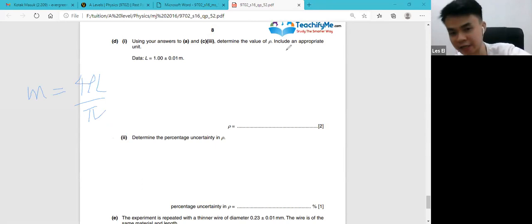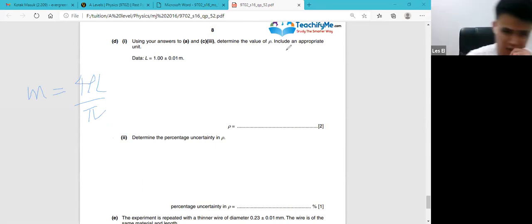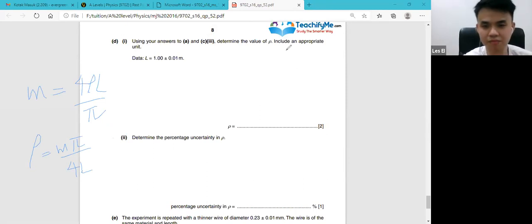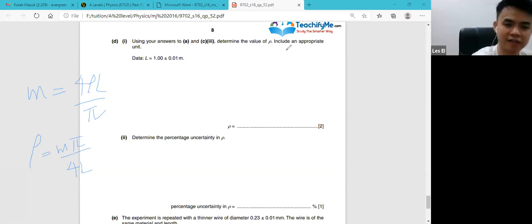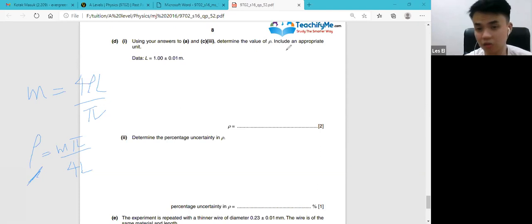That m is the gradient. So the resistivity is equal to m times pi over 4L. So your gradient will affect the resistivity. If you do not take it seriously just now, you cannot find the resistivity.